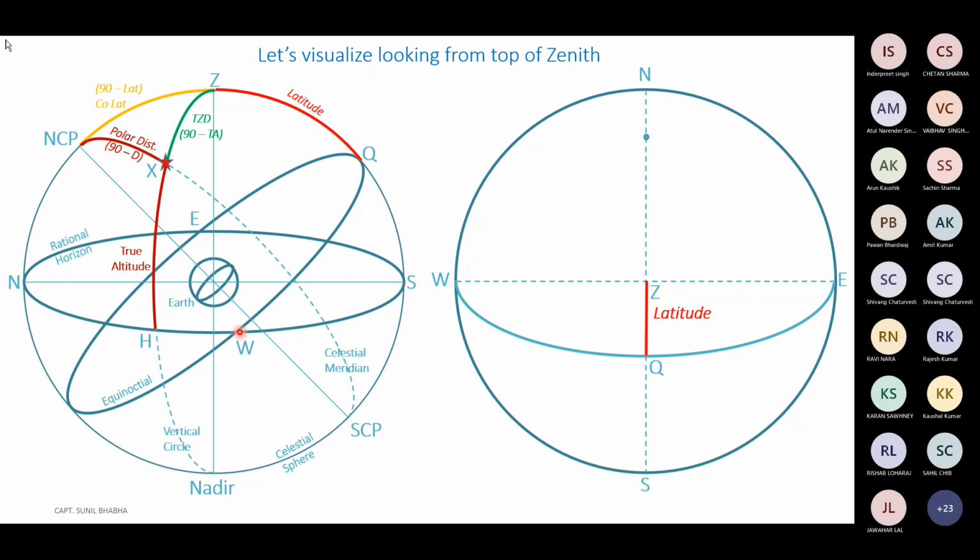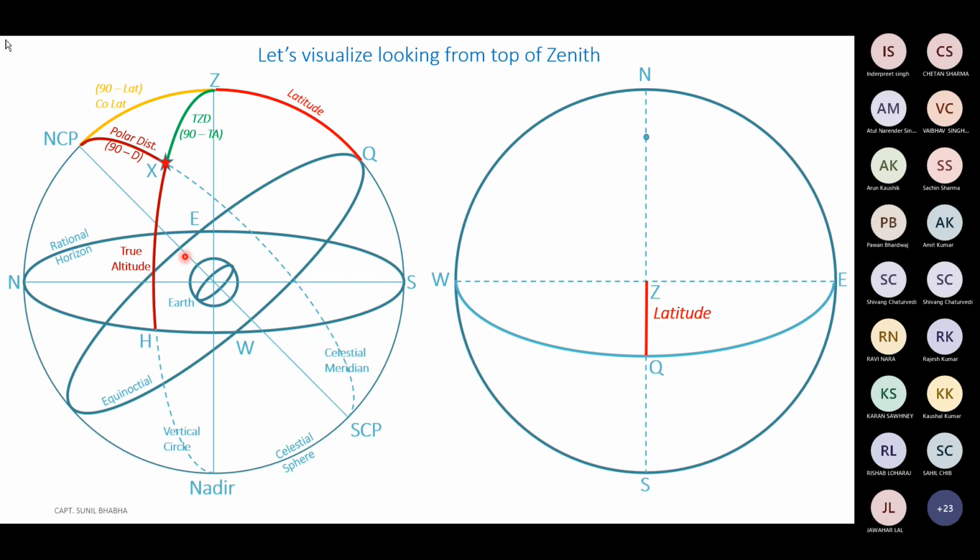This WQE you can see here in the celestial sphere diagram. This is point W going up to point Q, going up to point E. Only this part of the rational horizon will be visible to you. If you go beyond W on this side, or beyond E on this side, this is going to fall on the far side of the celestial sphere, which will not be visible to us.